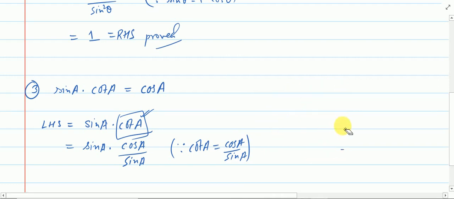Now once we have written this, you'll observe that sin A and sin A will get cancelled, and you're left with cos A, which is your right hand side, so it is proved.